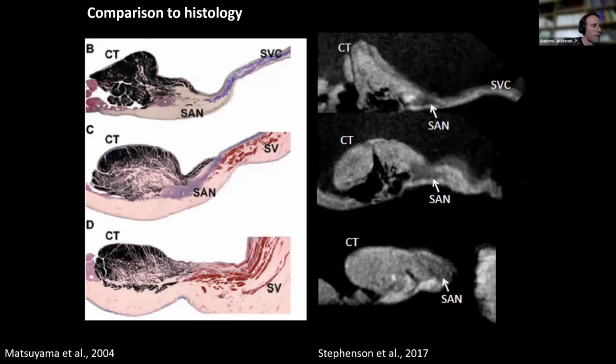When this is compared to what we see in traditional histology, we can see that this area of low attenuation in the CT matches up very well with where we'd expect to see the sinus node located. So this helped support our thinking that what we were seeing with this area of low attenuation was actually the area of the sinus node.